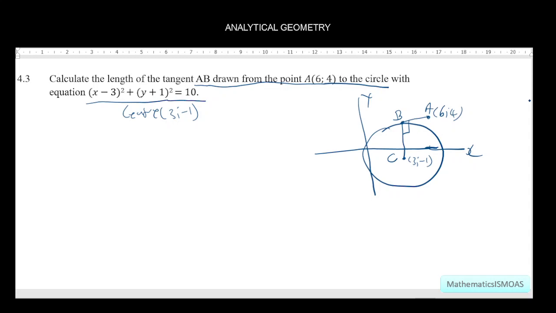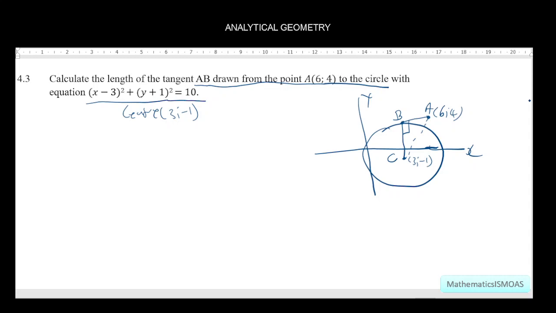So now let's also join A and C. Then we can see that ABC is actually a right-angled triangle.